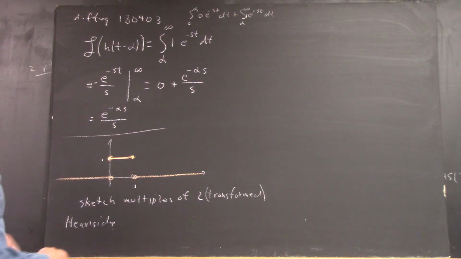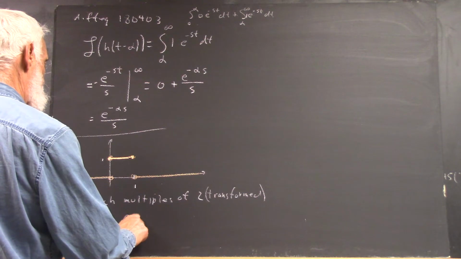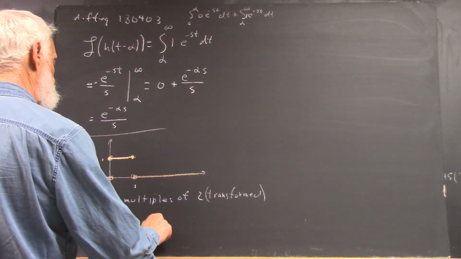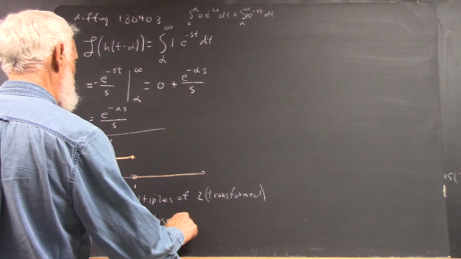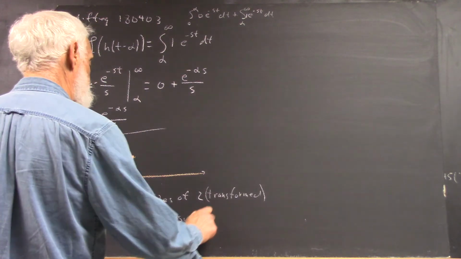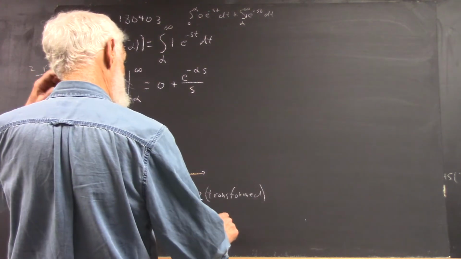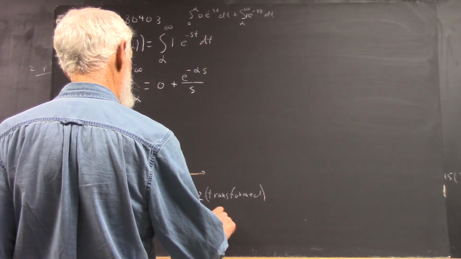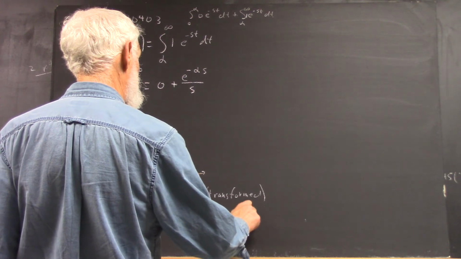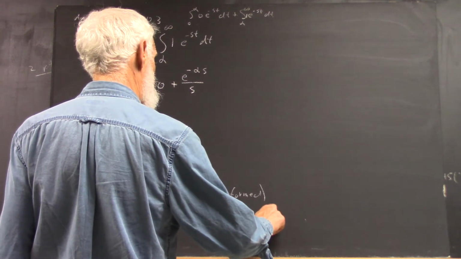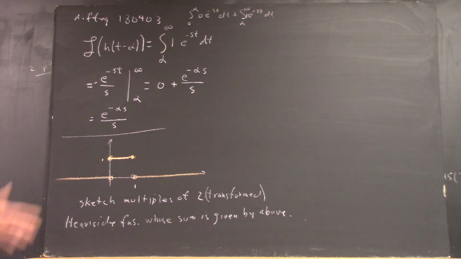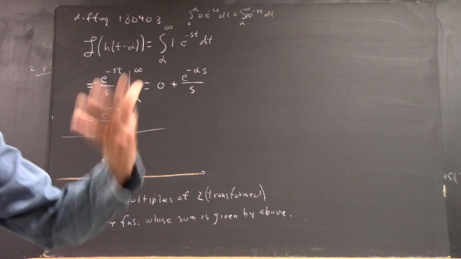Two transformed Heaviside functions whose sum is given by the graph here, or the function that's described in words on your document.